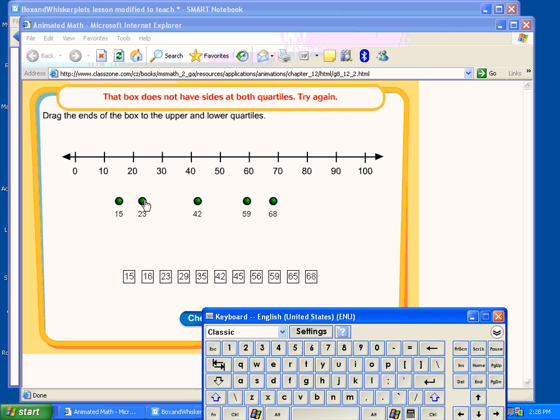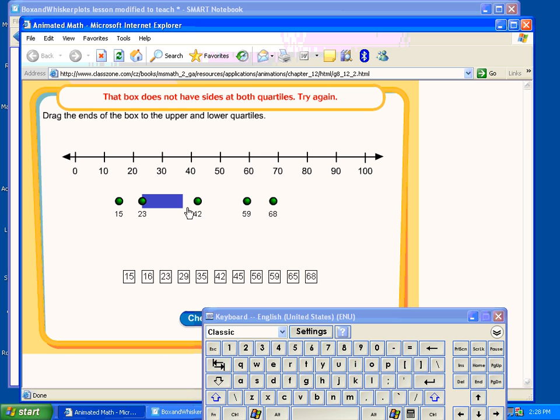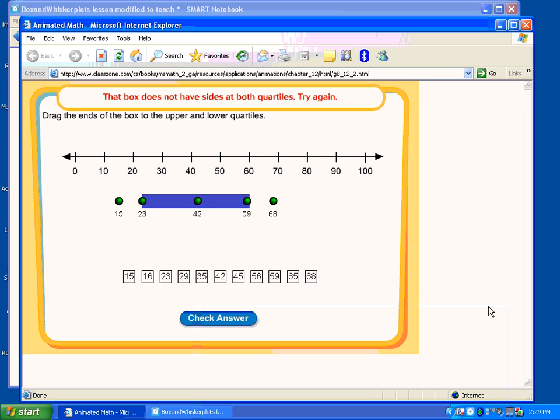And now we're going to drag the box. So we're going to start at what number? Somebody go up and make our box for us up there. Just drag your finger across. Good. Okay, now go down there at the bottom. And then, continue.